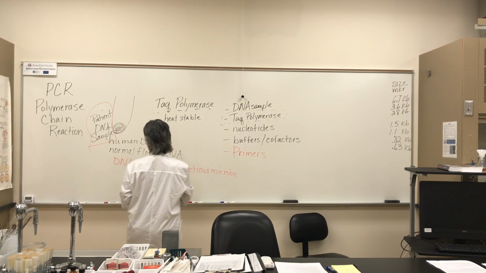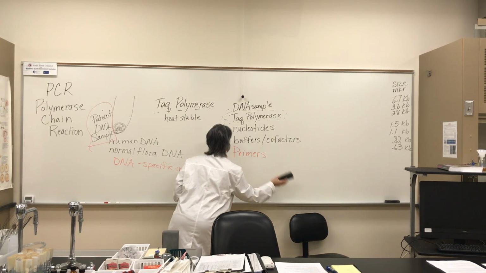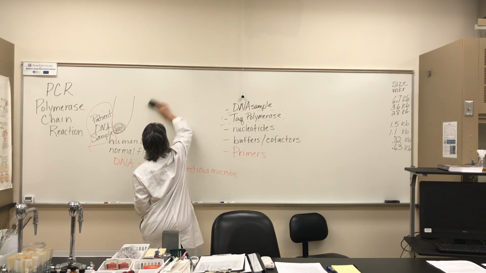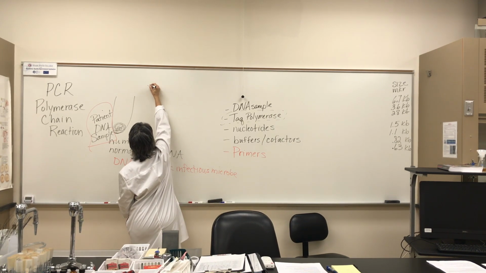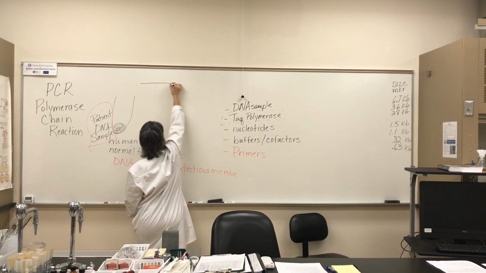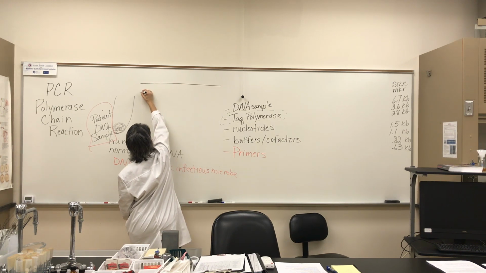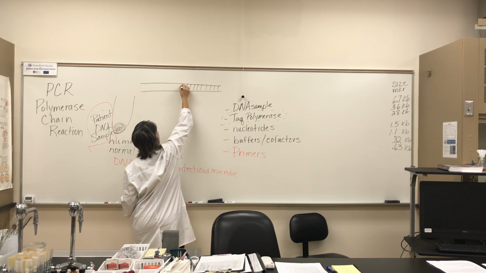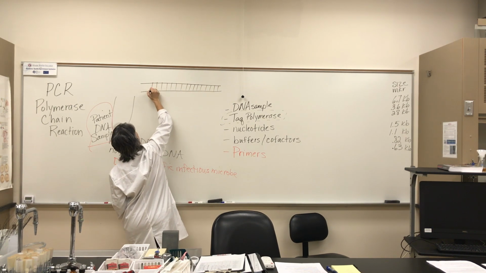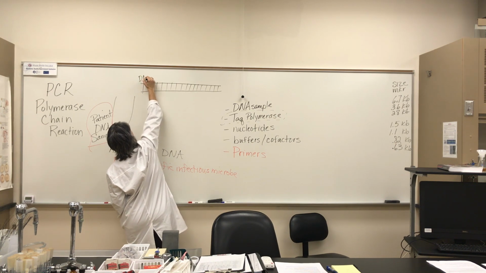I am going to do a little drawing on the board here. We are zooming in. I'm going to draw it in black because it shows up better. So this sideways ladder is representing a DNA molecule.